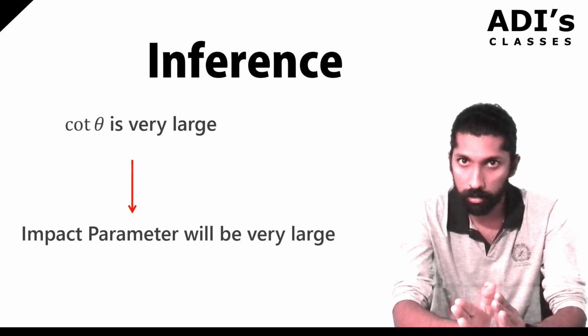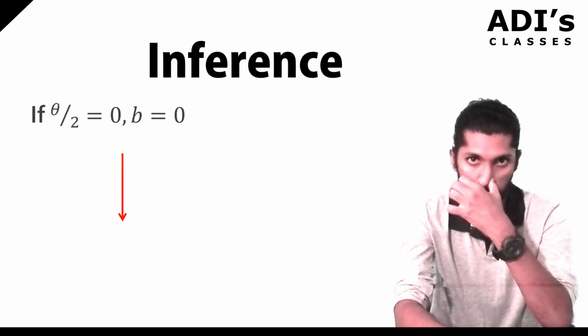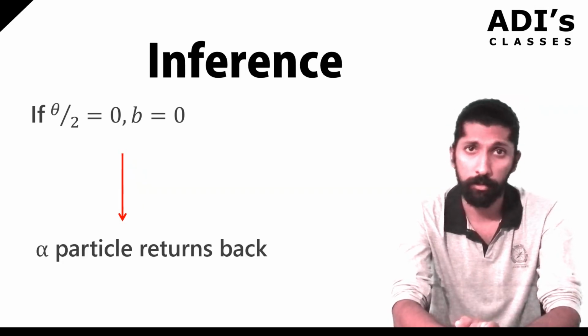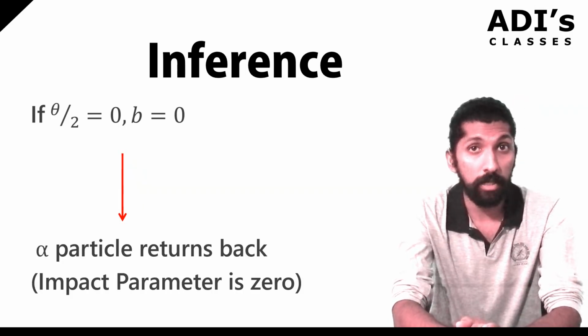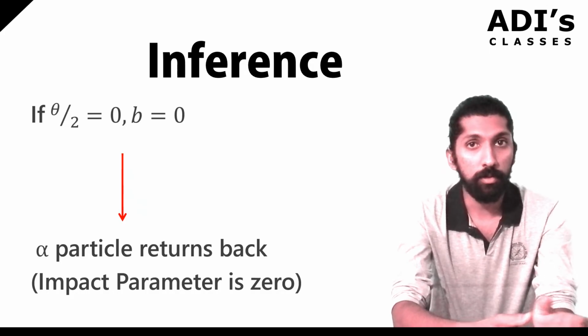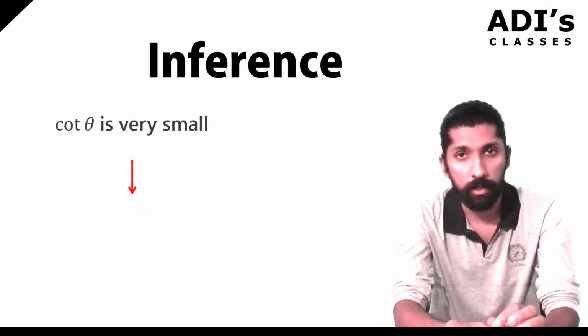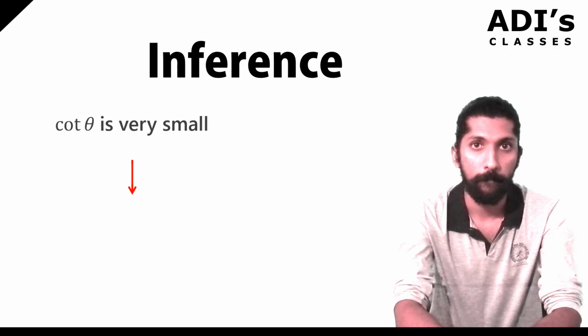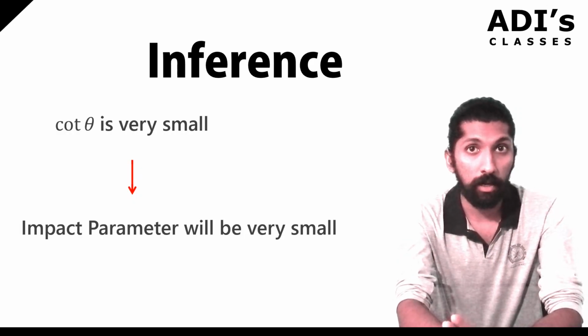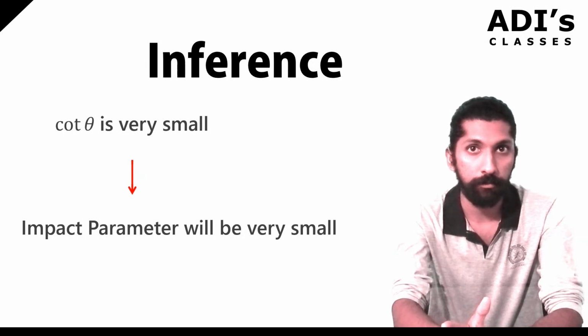When you look at the cot theta value, the lesser the value of theta, the more is the value of cot theta, correct? Cot 0 is infinite. Cot 90 is 0. Remember, I'm not talking about theta, I'm talking about the cot theta value.